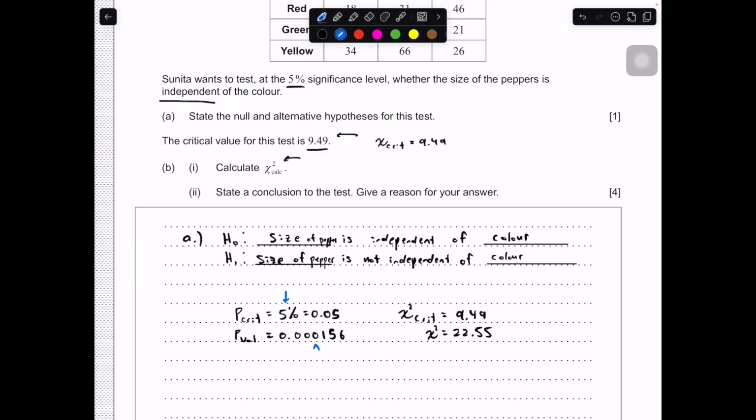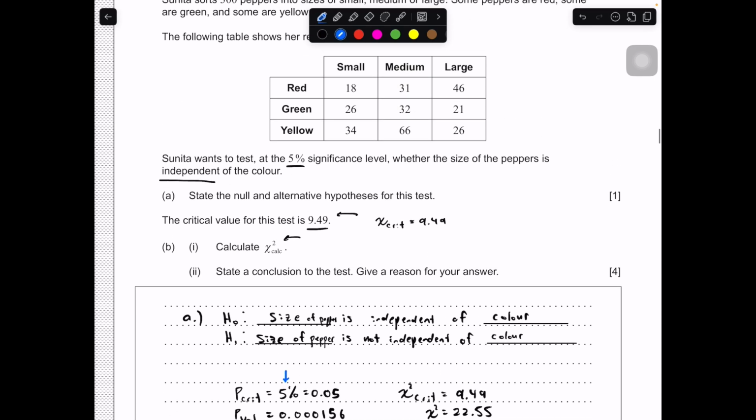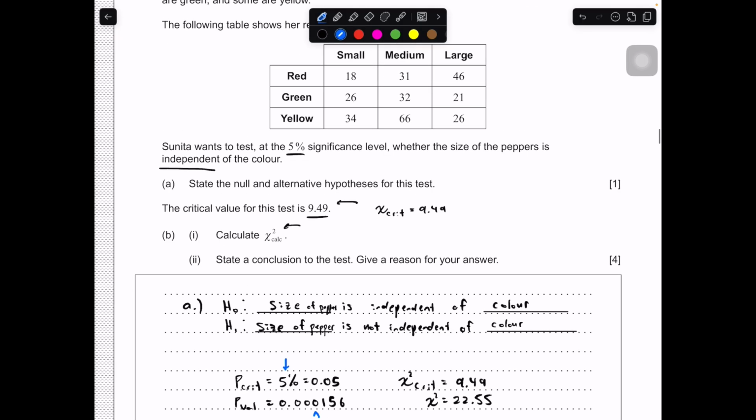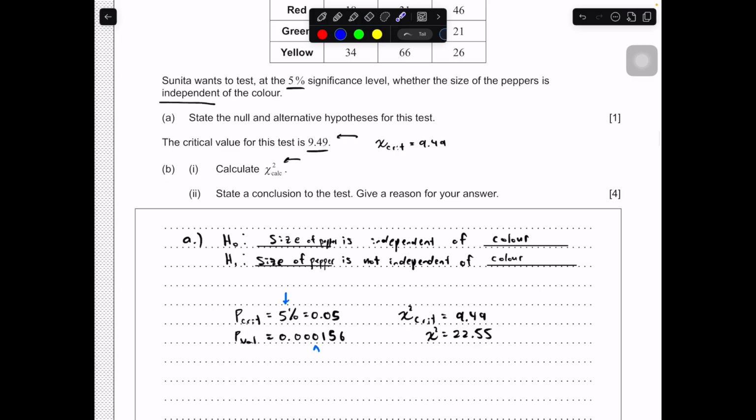The chance of us seeing this kind of relationship between small, medium, large, and red, green, yellow pepper, in this table, just based on probability and similar proportions is 0.000156. Super small chance we see this kind of relationship just based on probability and proportions alone.